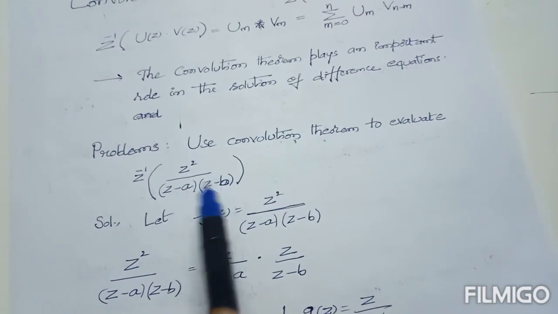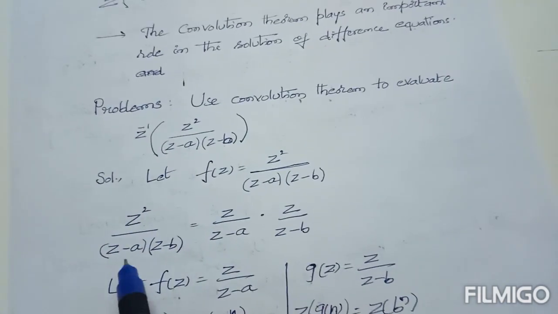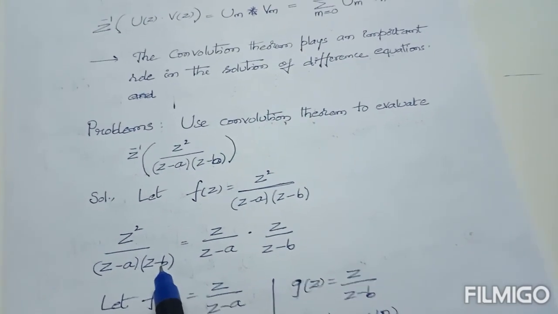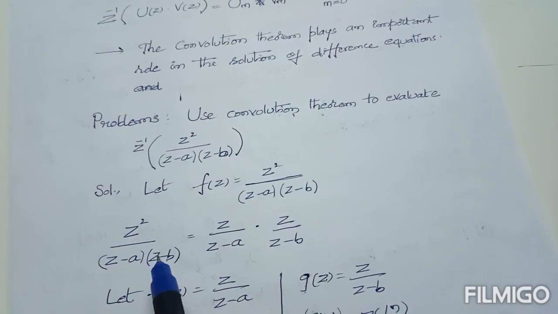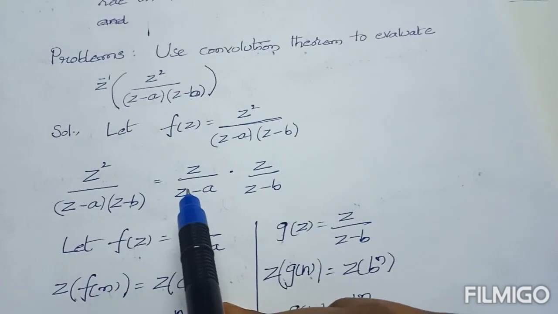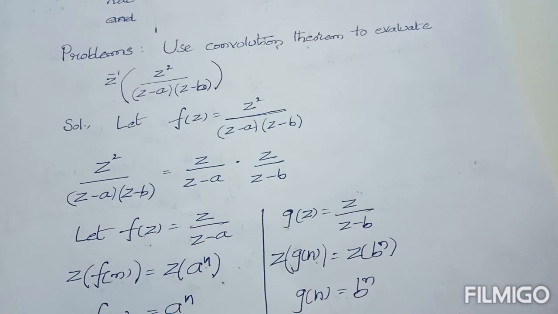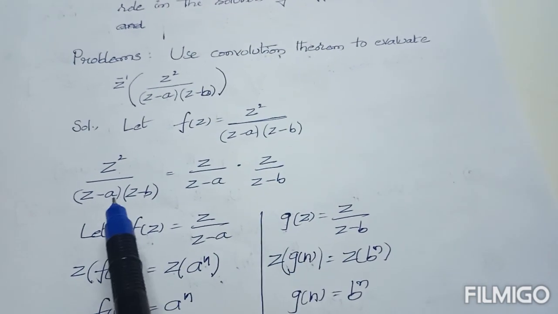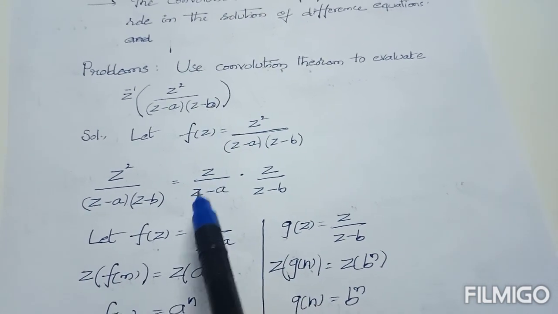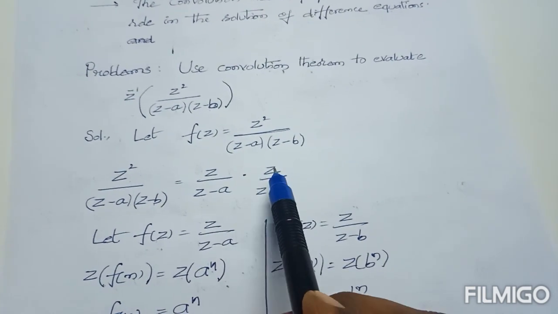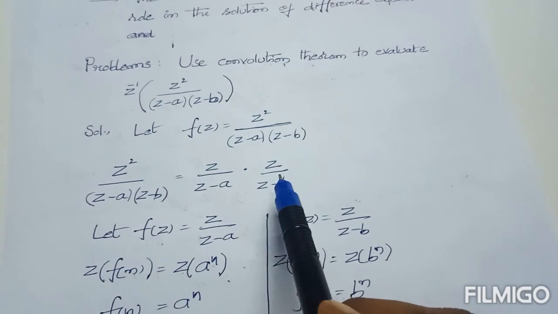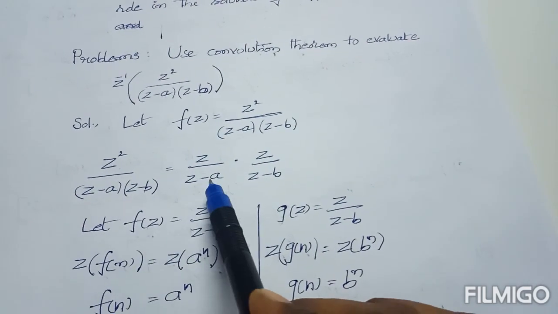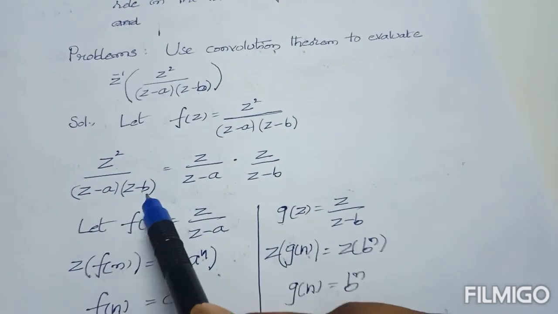So first take the given function z square by (z minus a)(z minus b). We need two functions, so it can be written as the product of z by (z minus a) into z by (z minus b). If you take the product of these two, you again get the same function: z into z gives z square, and the denominator product is (z minus a)(z minus b).